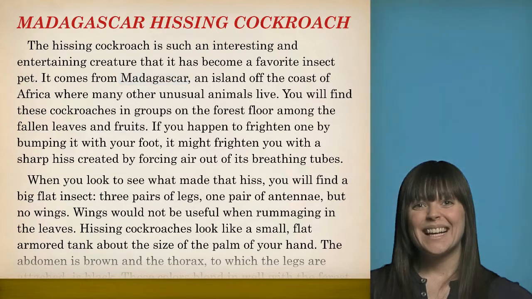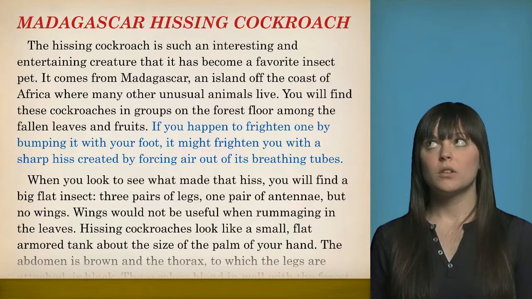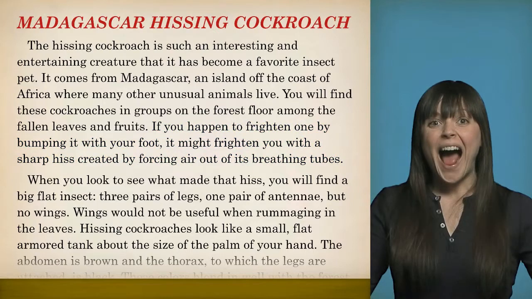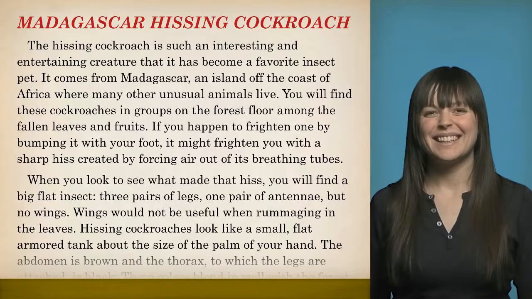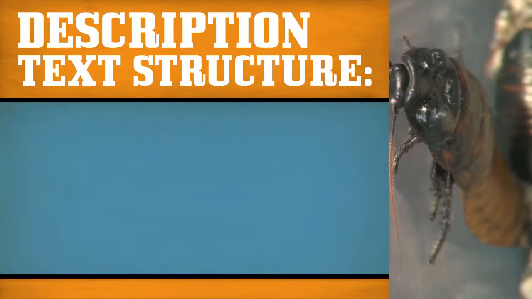Back to the text. If you happen to frighten one by bumping it with your foot, it might frighten you with a sharp hiss created by forcing air out of its breathing tubes. Wow, that hiss is pretty scary. Josh has to be loving this. I never thought about the hiss being a defense mechanism. Learning about where this insect is from and about that hiss, I bet that's how it got its name. The name says it all.